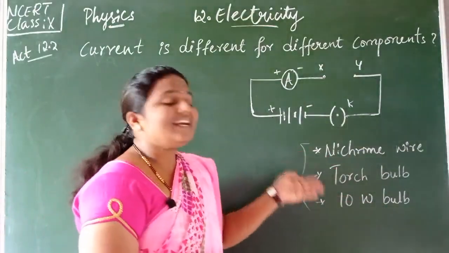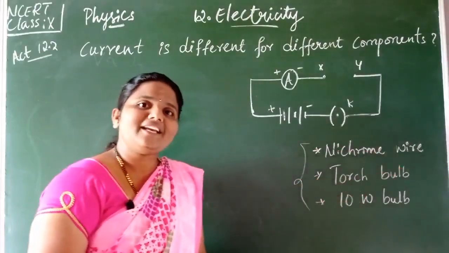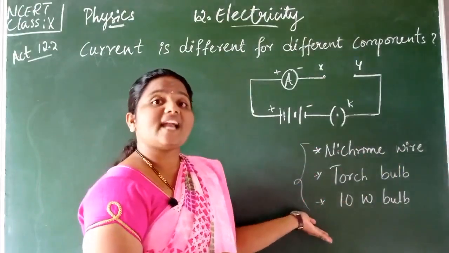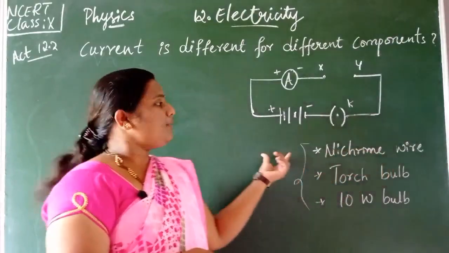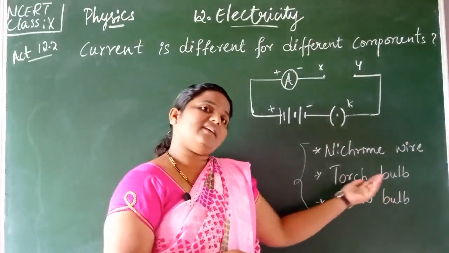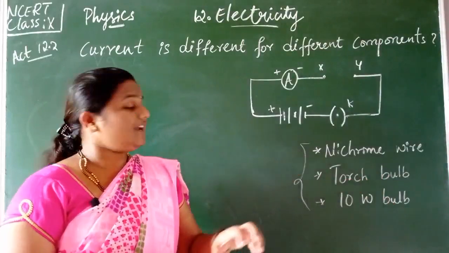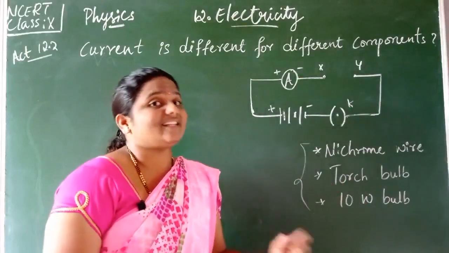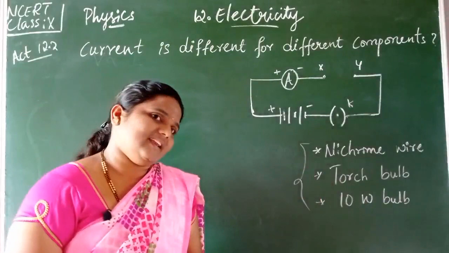It clearly tells us that the flow of current differs for different materials, isn't it, children? The simple logic to understand here: if the ammeter reading of a nichrome wire is, for example, 0.5 amperes, and the torch bulb gives 1 ampere, such a difference when placing one material and another clearly tells us that the flow of current is different for different materials.